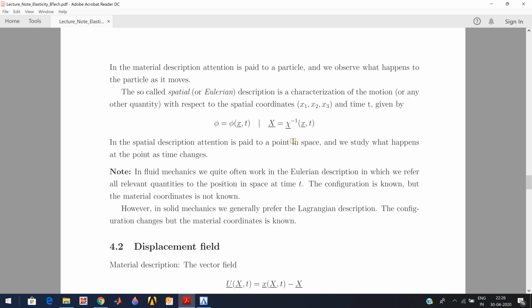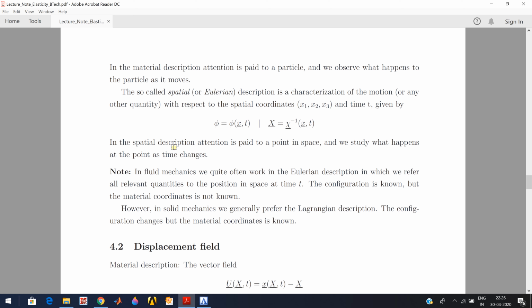Okay, so this is nothing but, if we consider motion here, the inverse map, which is described in this way. So the motion or the position of a particle will be described as a function of the spatial coordinates small x1, x2, x3 and time t.